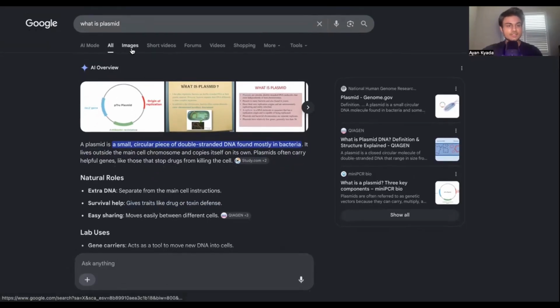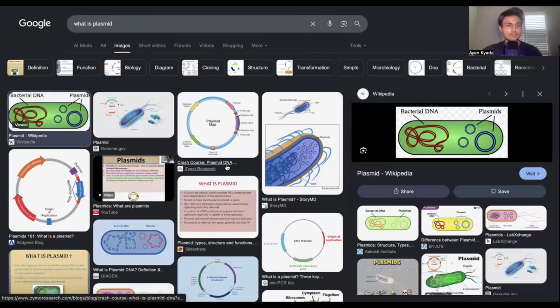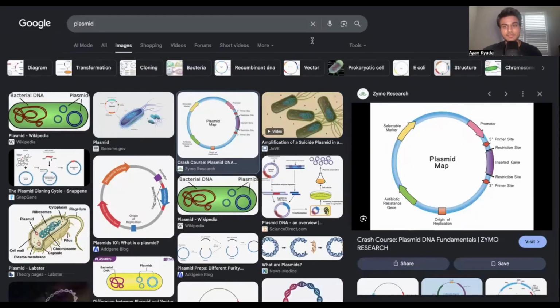So it doesn't necessarily contain vital genetic information like the bacterial DNA does. It's a separate component that assists in survivability. And what we want to do is insert the gene of interest from the restriction enzyme into the circular plasmid.